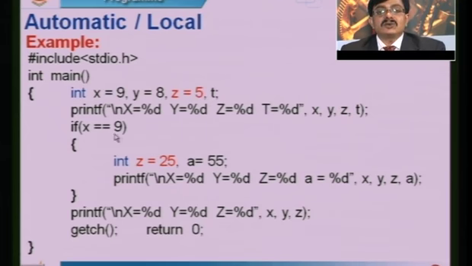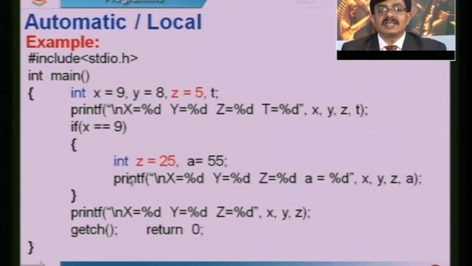Now if x is equal to 9, as the condition is true, I have opened a block here. Within this block I am again declaring variables called int z and a. This is not an error. This z is in the main block, whereas this z is within the if block. Now I am printing the values of x, y, z again. x is 9 and y is 8, whereas z will not print 5, rather it will print 25, because locally we have declared another variable called z.